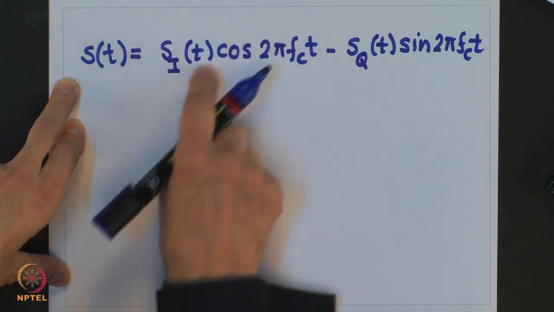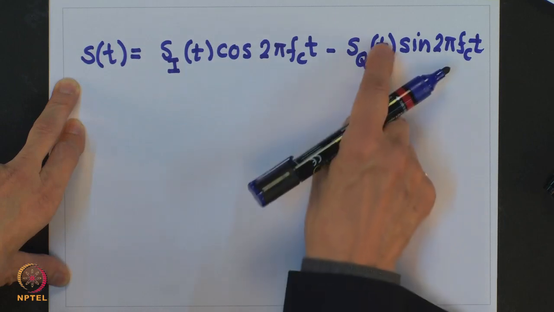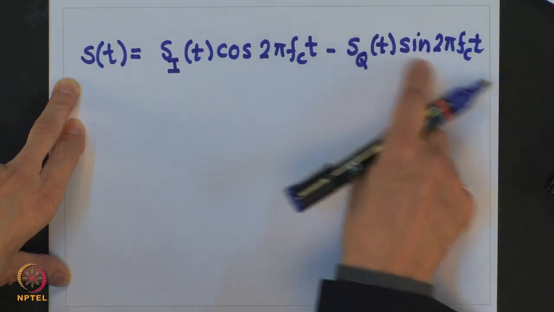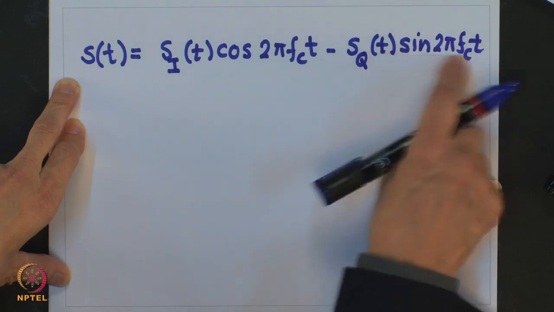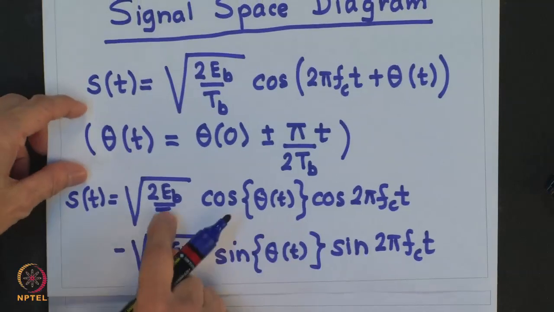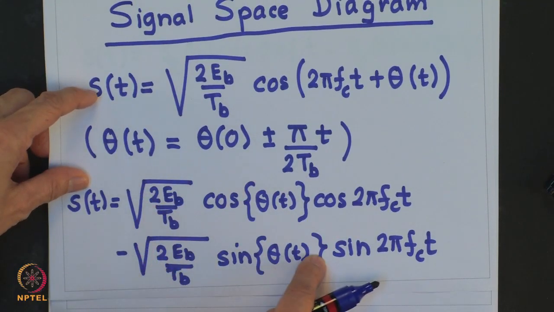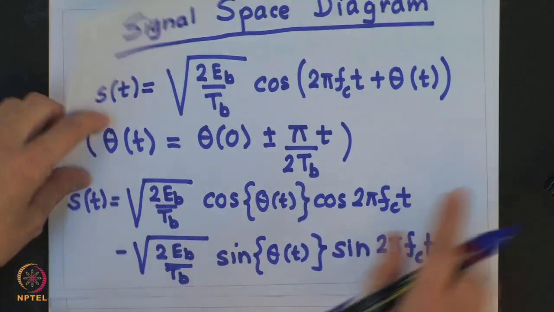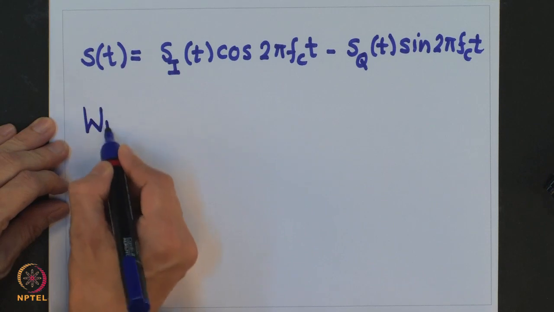We write in terms of the in-phase component s_I(t) of cos 2 pi f_c t, and s_Q(t) forms the quadrature component of sin 2 pi f_c t. So, here this will become your s_I(t) and this will become your s_Q(t). So, it becomes quadrature modulation with h equal to half.